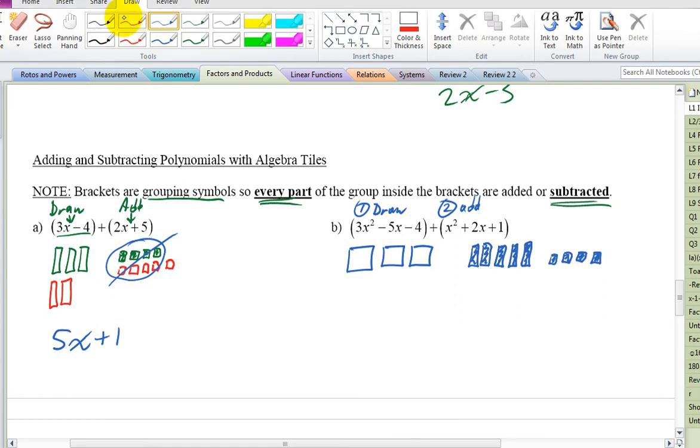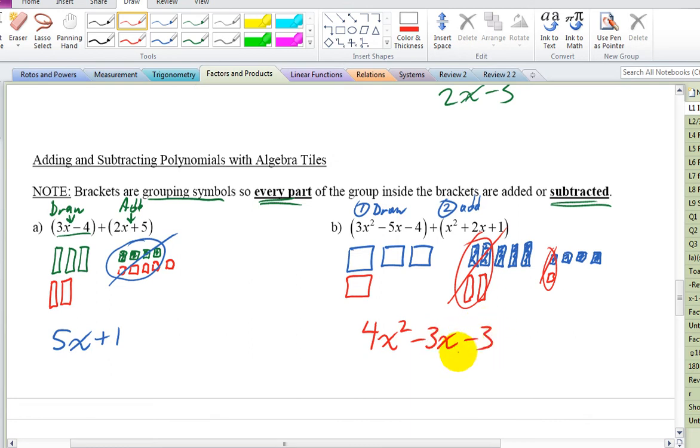And now I'm going to add the second part. Remove your 0 pairs. And what's remaining? Awesome.